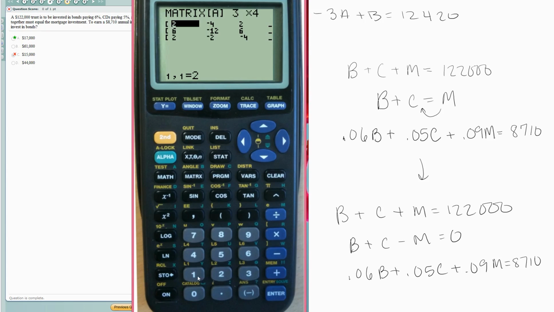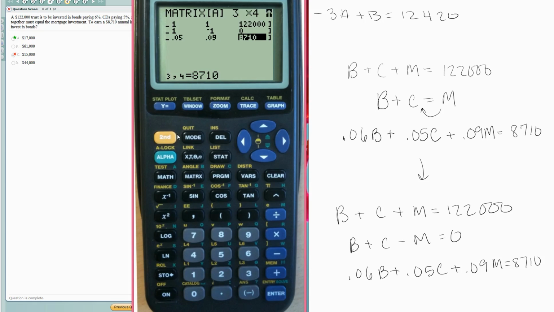So 1, 1, 1, 122,000, 1, 1, negative 1, make sure you're using the negative button, 0, 0.06, 0.05, 0.09, 8710.